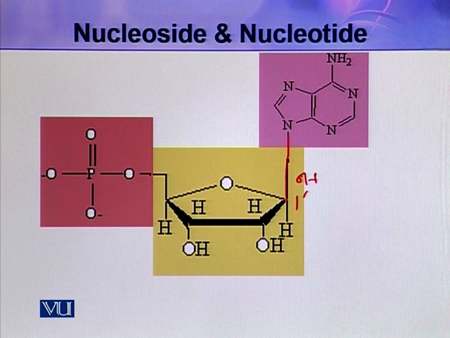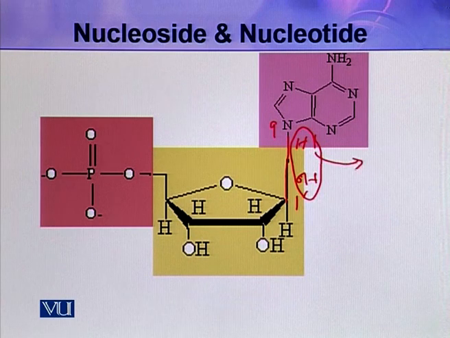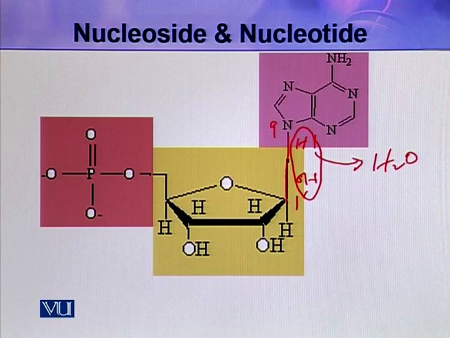This is nitrogen number 9, and this nitrogen contains a hydrogen atom. The hydrogen of the nitrogenous base and the hydroxyl of the pentose sugar combine, and with the elimination of a water molecule, these two groups, the pentose sugar and the nitrogenous base, are attached.